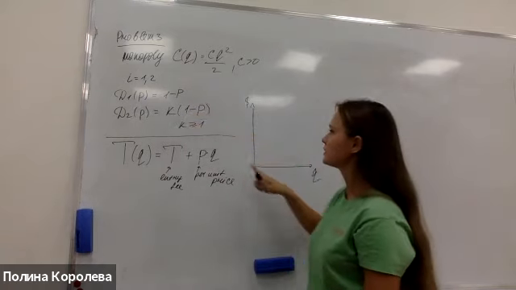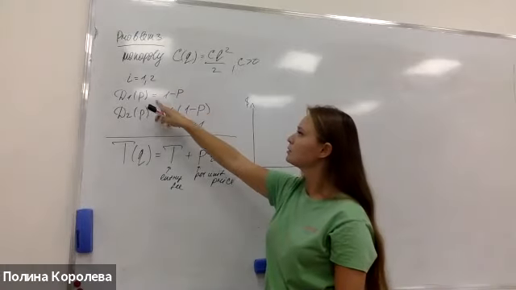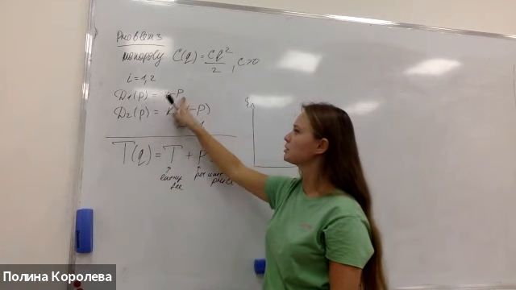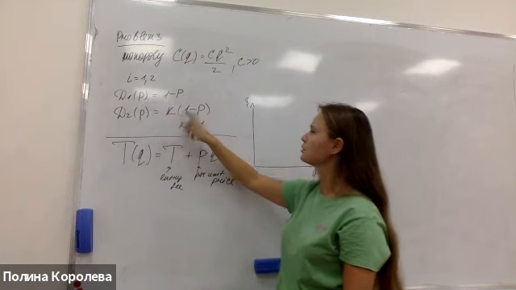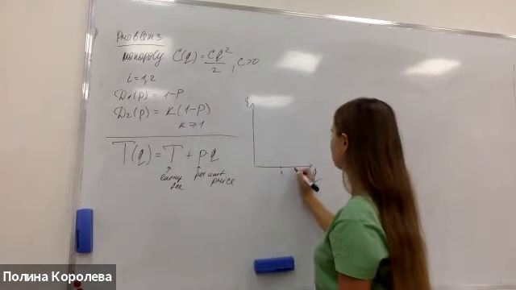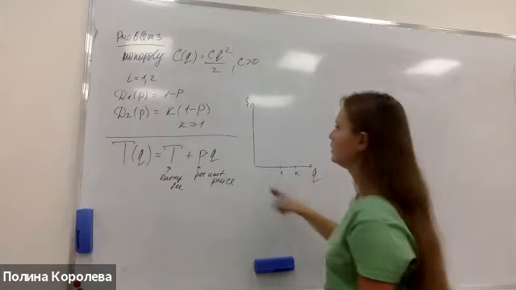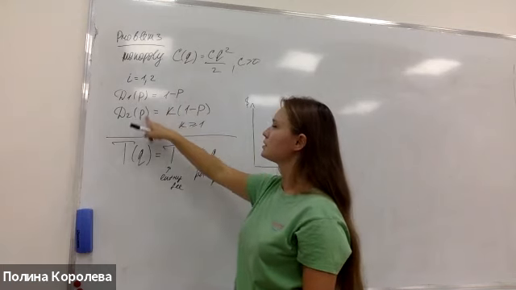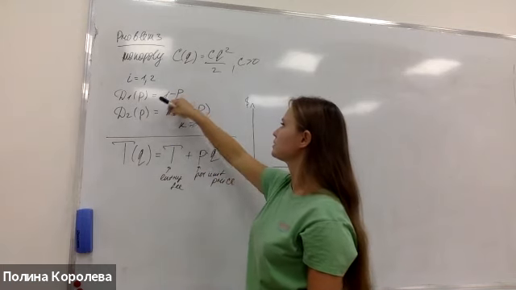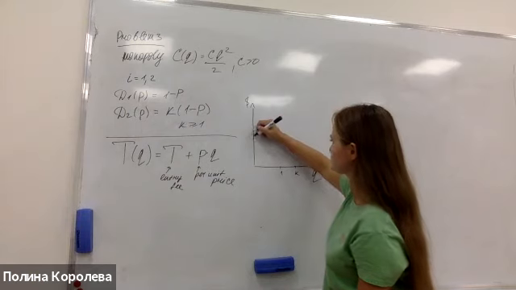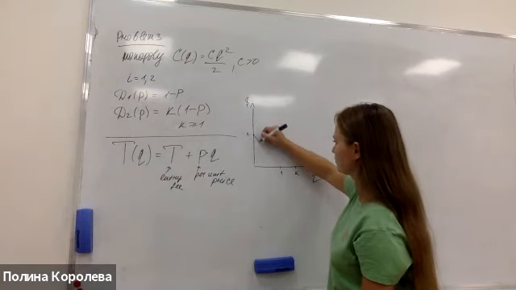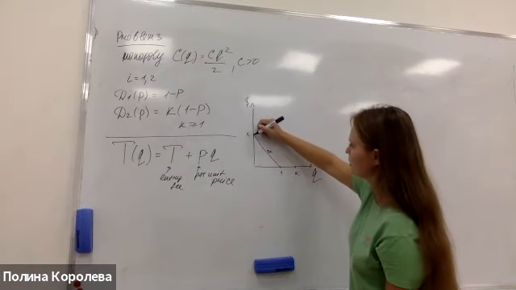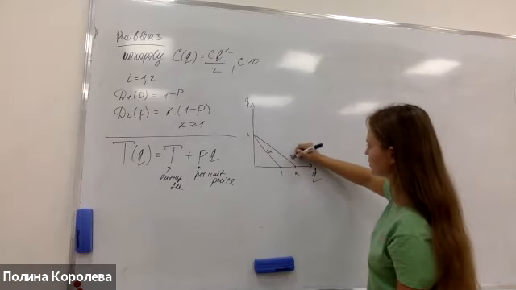If price is equal to 0, the quantity demanded of the first will be 1, quantity demanded of the second will be K. So here 1, here K. If quantity demanded is equal to 0, then price is equal to 1 in each situation. So this is the demand for the first consumer, D1. This is the demand for the second consumer, D2.